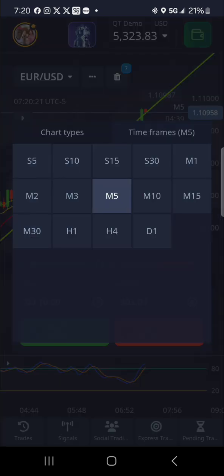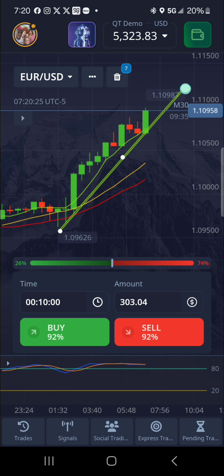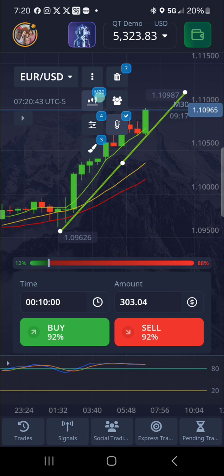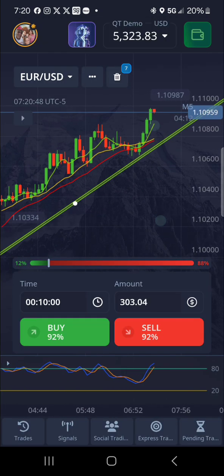I think probably go down to 30 minutes, or the other end of the line. On a 30-minute time frame, I can see a little bit better. All right. So that's probably the most accurate we're going to get it for the line. Let's put the 5-minute time frame again and see where we're at. All right, so we still have a ways to go before it hits that support.